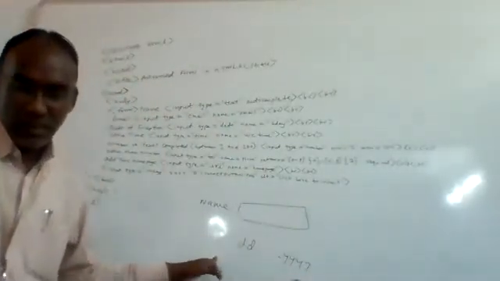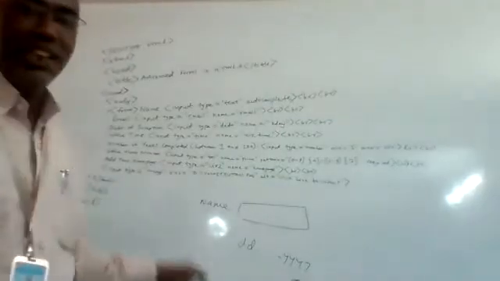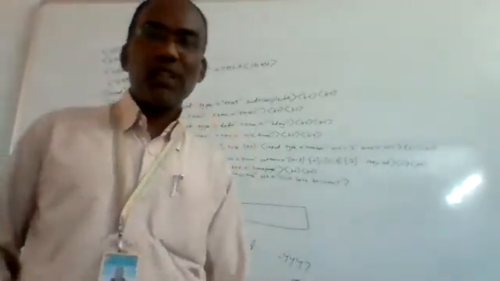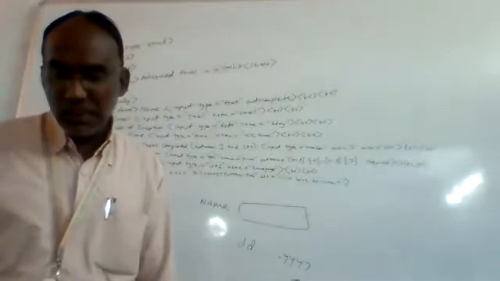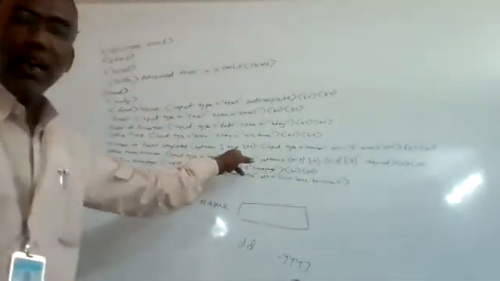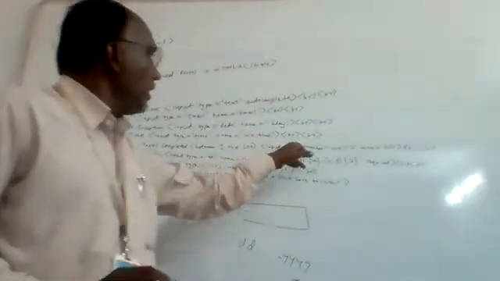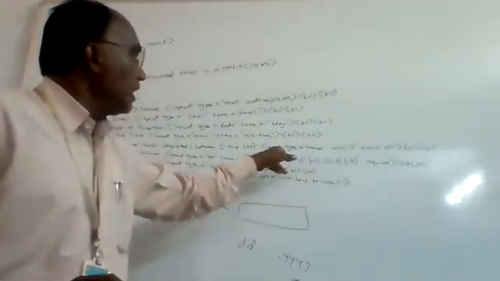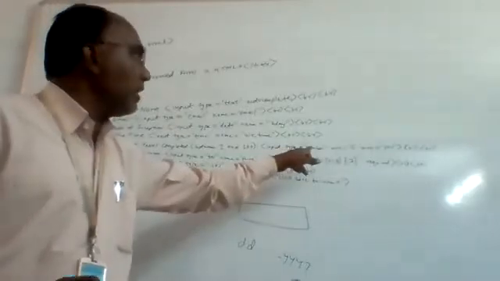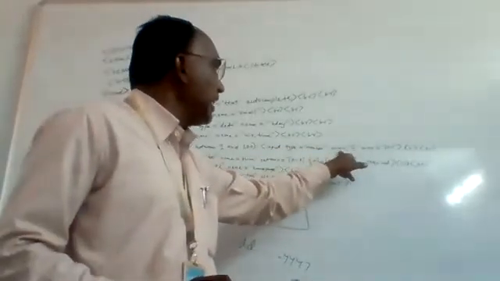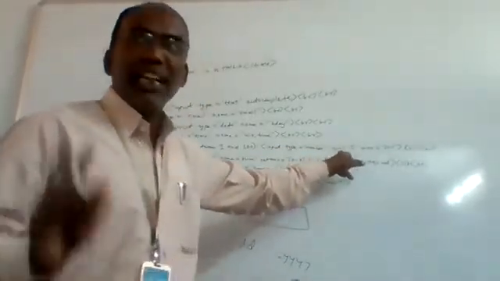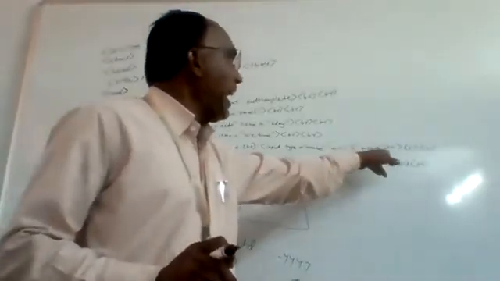Then next, number of years completed. Number of years completed between 1 and 100. Now here we are using the input type number, and we are validating through the attributes min and max.